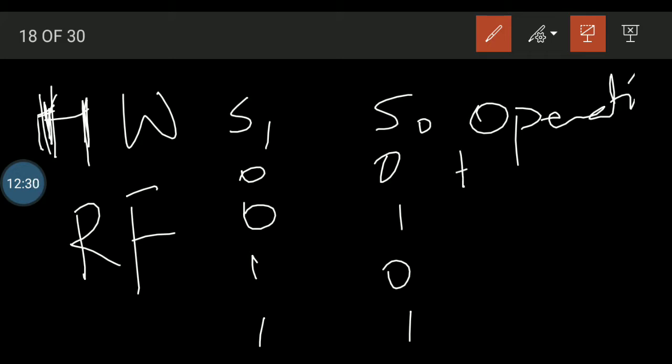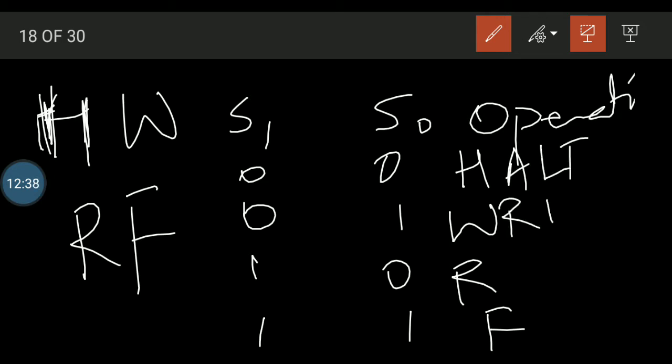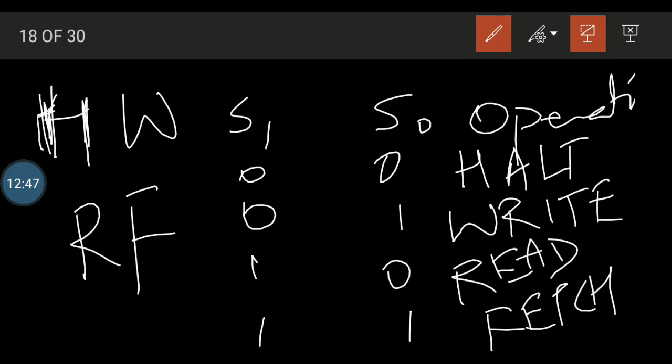Here will come H, W, R, F. Now what is H? That is halt. W means write, R means read, F means fetch. Very simple technique to remember.